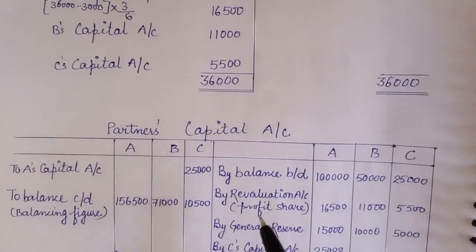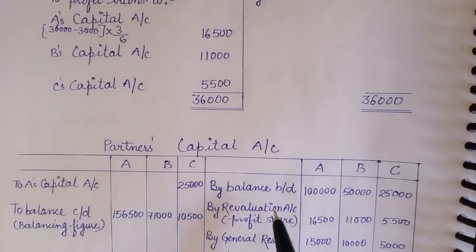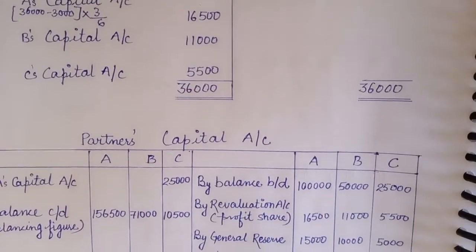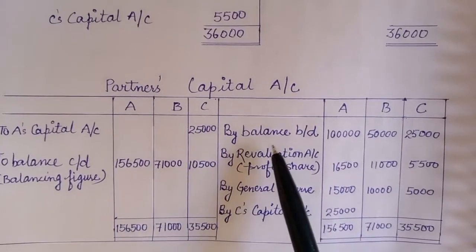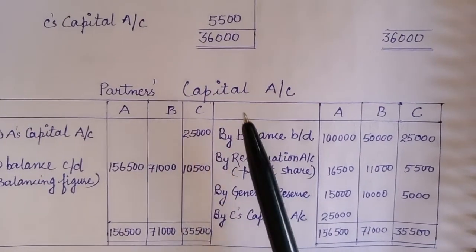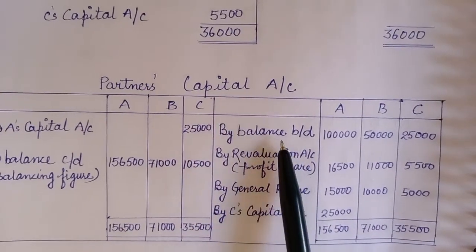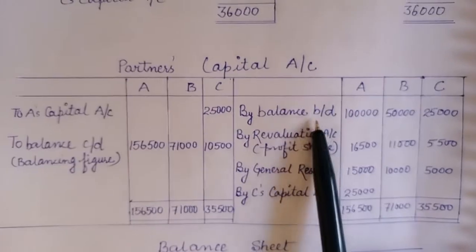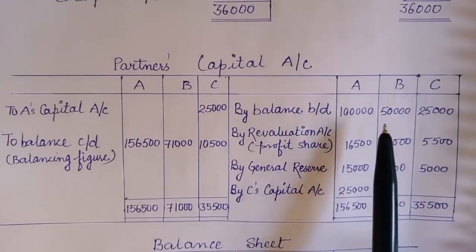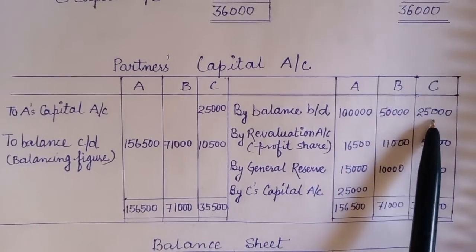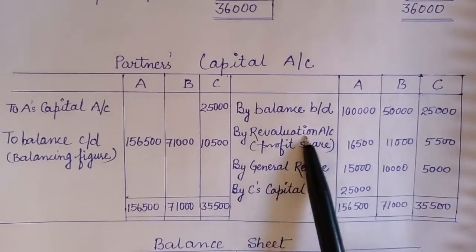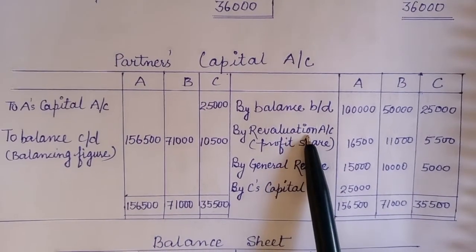Now let us prepare partners capital account. It is important to remember that the partners capital account will start with the given balances of capital, and in the balance sheet these balances are given as 1 lakh, then 50,000 and then 25,000. We have the share of profits from the revaluation account, which was in the debit side.